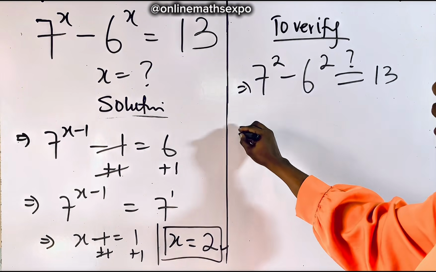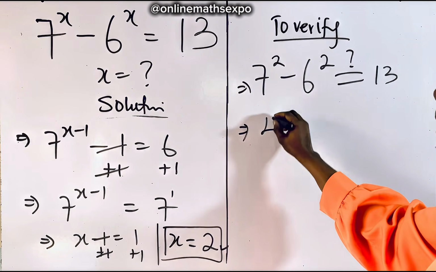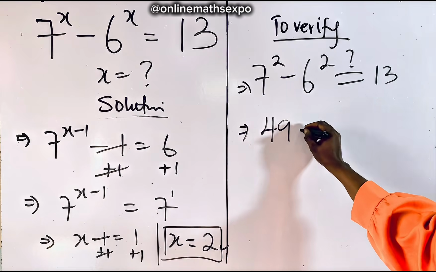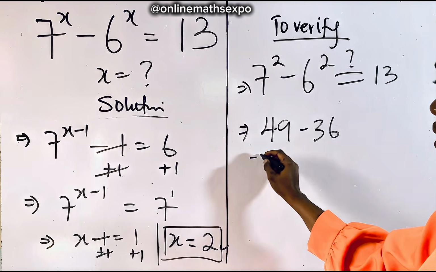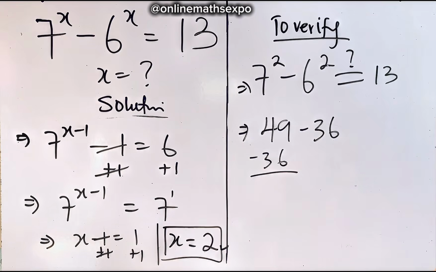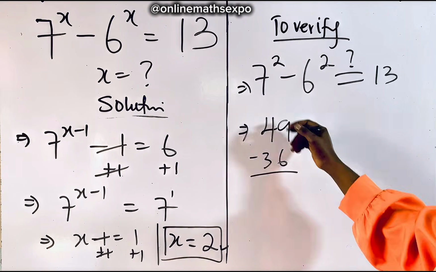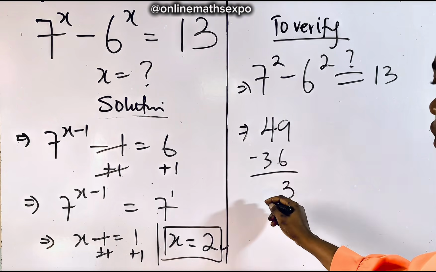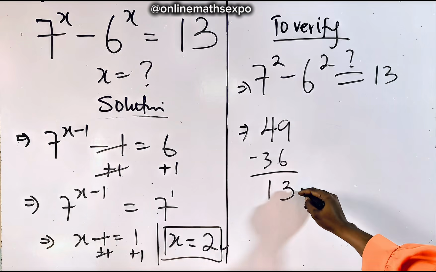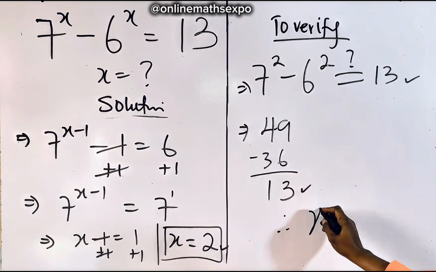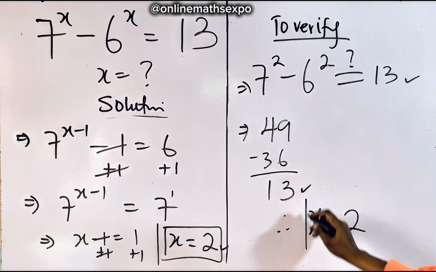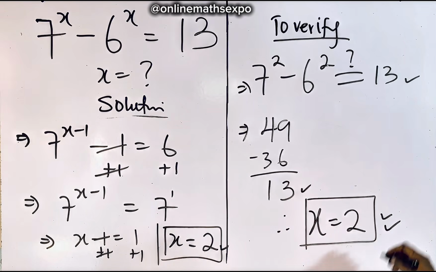So in that case, 7 squared gives us 49, and 6 squared will give us 36. So let's quickly subtract this. 49 minus 36, if you do that, it gives you 13. And that is what we have at the right side. So it means that this value of x we got as 2 is absolutely correct.